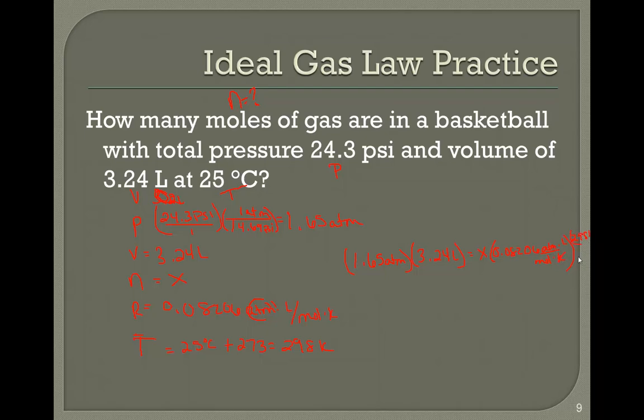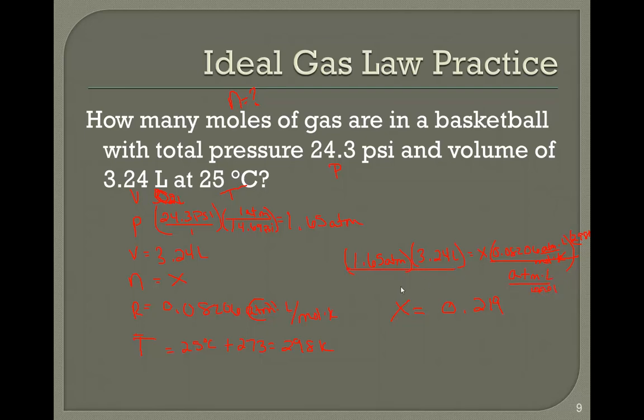The moles will be what we're looking for. So, 1.65 times 3.24 divided by 0.08206 divided by 298 is going to be 0.219. And if we look at the units here, atm, liters, moles, divided by atm, liters, moles.